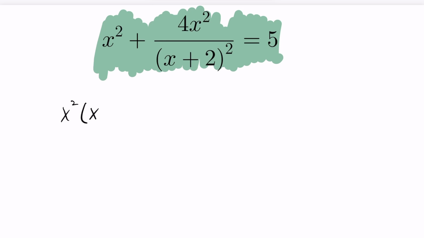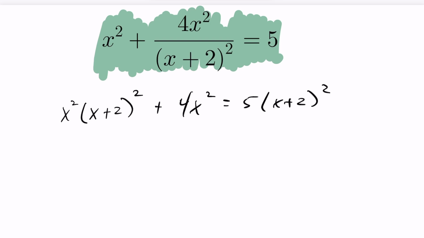x squared times (x plus 2) quantity squared plus just the 4x squared is 5 times (x plus 2) squared. Again, the plan of attack here is to expand it all out and see if we can actually find roots of this polynomial. So I'm going to expand this out, to which we get x squared plus 4x plus 4.